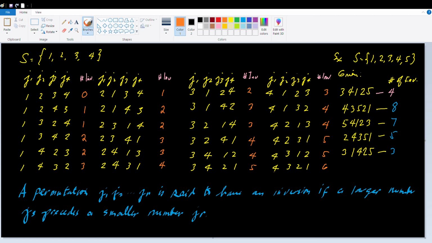Okay, so that completes the data for the permutations of S as far as the number of inversions is concerned.